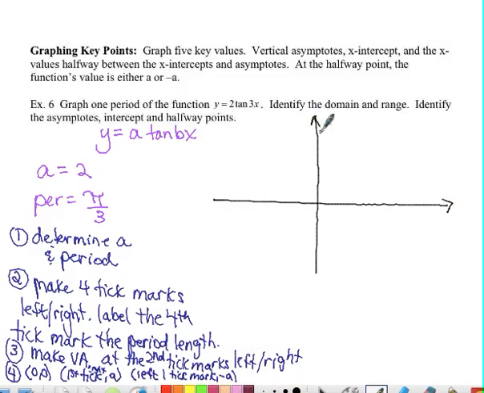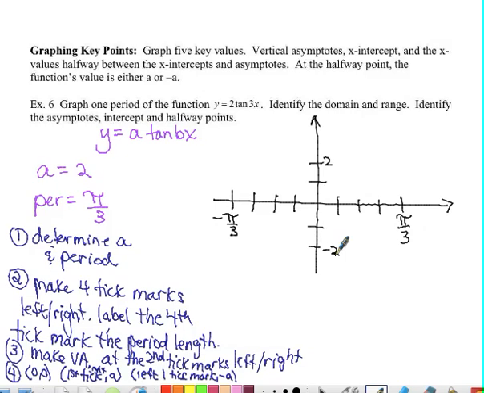We already determined A and the period. So let's make 4 tick marks to the right, and I'm going to label it pi over 3. I'll go left 4 tick marks and label it negative pi over 3. We'll go ahead and go up 2 units for A, down 2 units for A. Now, what would be the label for the 2nd tick mark?